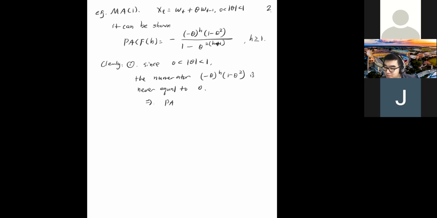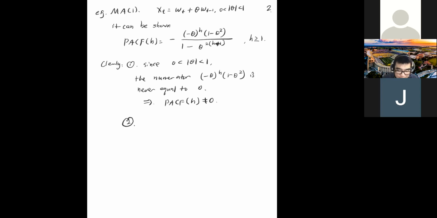So that means the PACF at lag h is never equal to 0. Okay. And this definitely is consistent with our result for the MA(q) model. So for any MA(q) model, we cannot find a cutoff point for the PACF. Okay, so we can easily see from this example that it is consistent with our result.